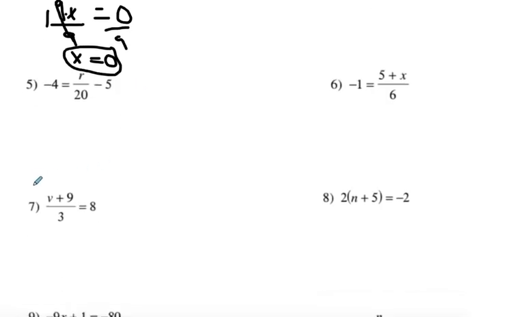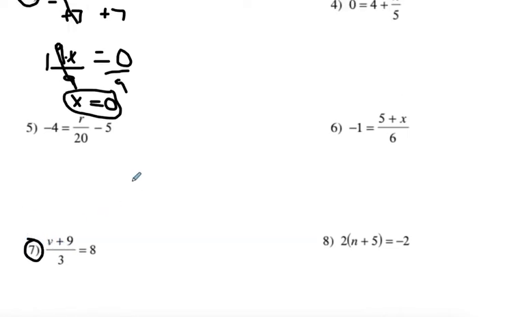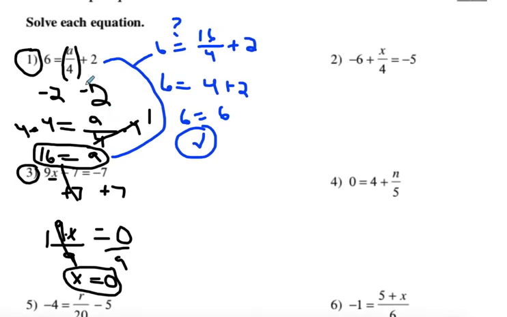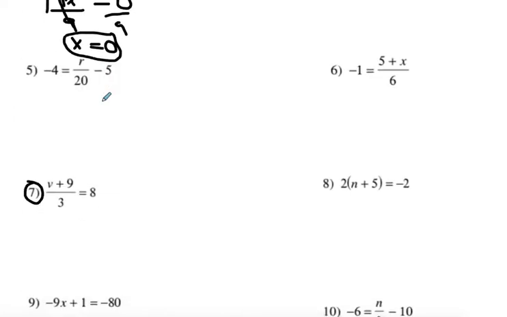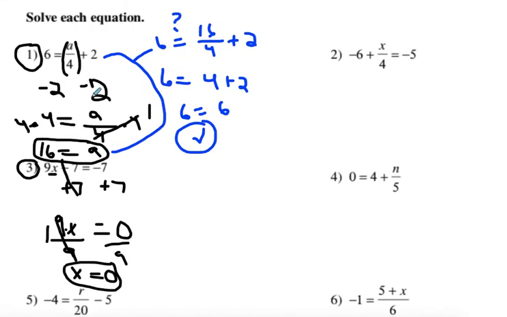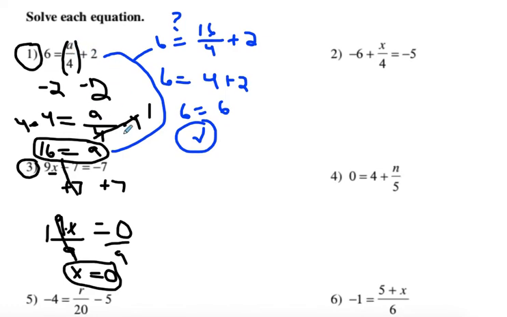Let's move on down to number 7. Here we go. So here a variable is v, and again, this one is kind of like the first one that we did. Anytime you see a division bar, you're talking about a fraction, and your mind should organize that as a group. And here, going back up, the division bar was just between the a and the 4. The 2 was off on its own.